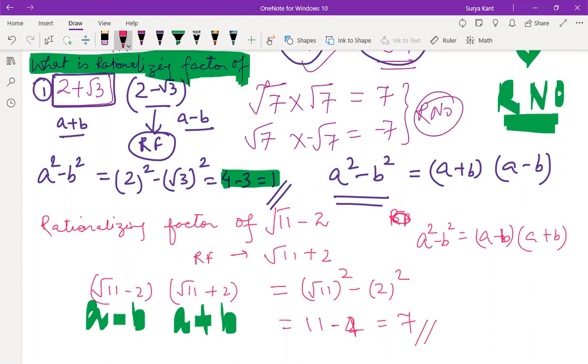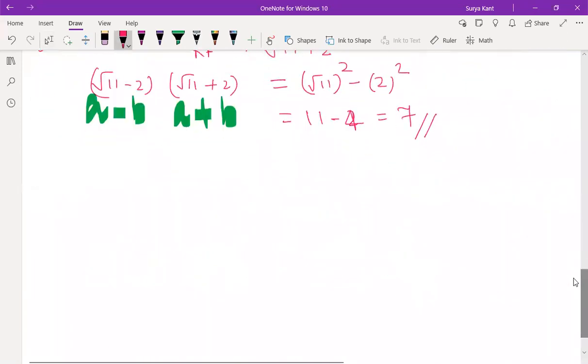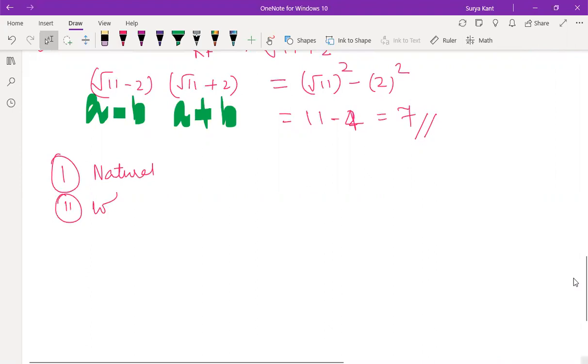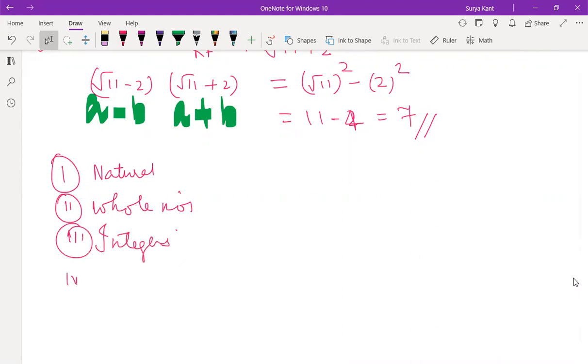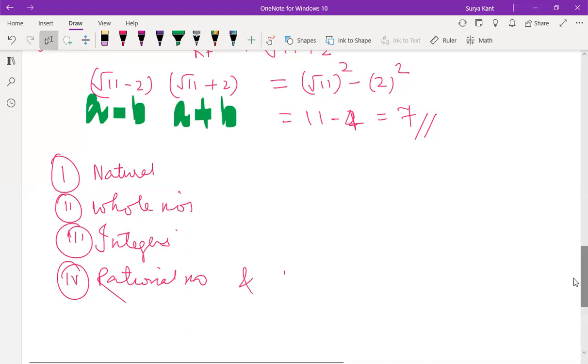I hope you have now understood the rationalizing factor, right? I hope this is clear to everyone. So today we have discussed, first, natural numbers. Second, whole numbers. Then integers. Then rational numbers. And numbers between them.